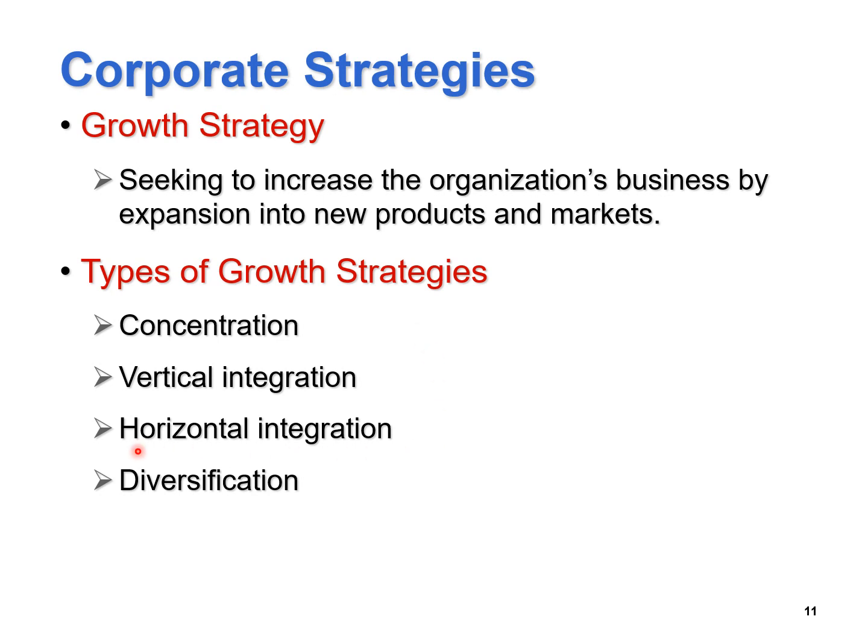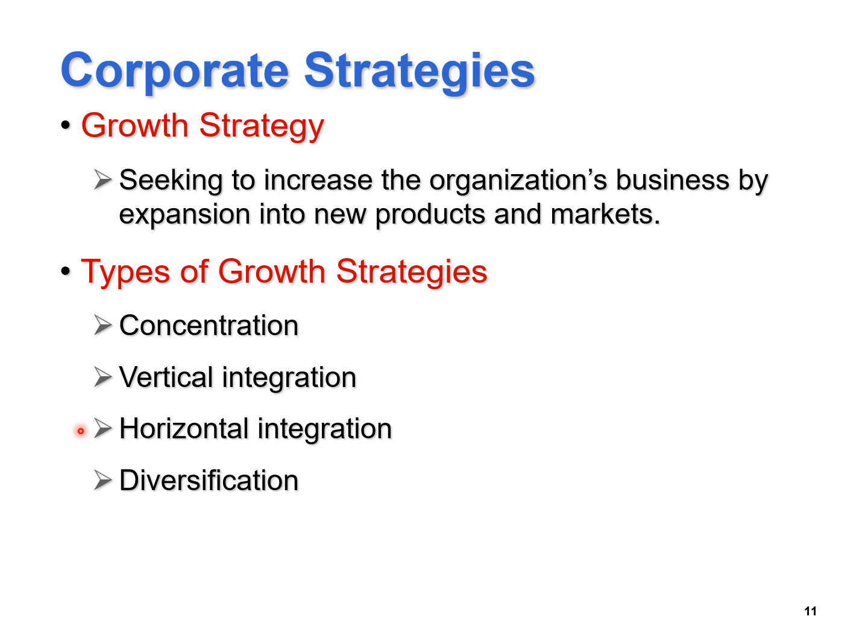But when we talk about horizontal integration, in horizontal integration, an organization is going to integrate with its competitors who are equal to them, who are working in the same area where your organization is working.